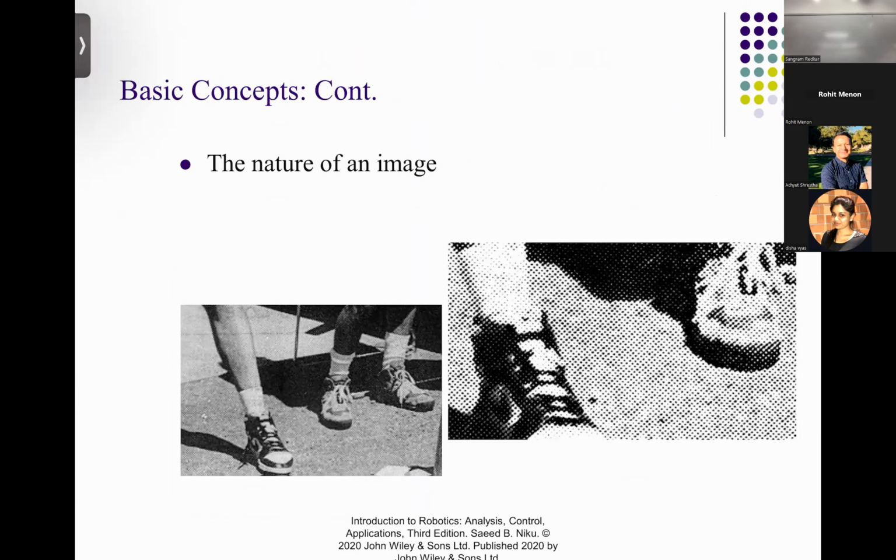An image is nothing but a matrix, and that matrix has values associated with the intensity of each pixel. If it's a purely black and white image, then you are going to have zeros or ones. If it's a color image, then you have three components, RGB, and every color will have an intensity.